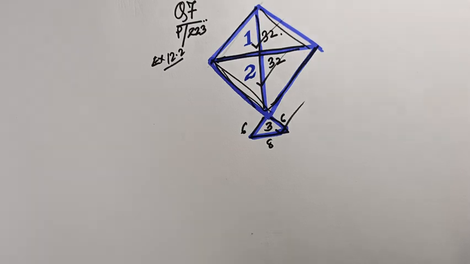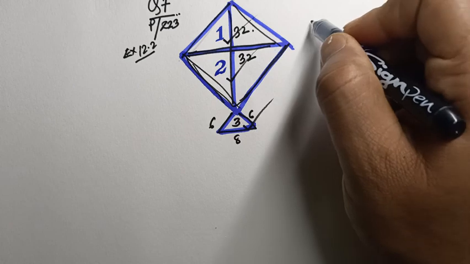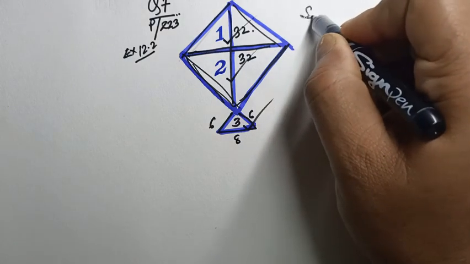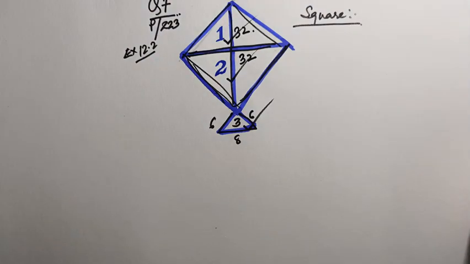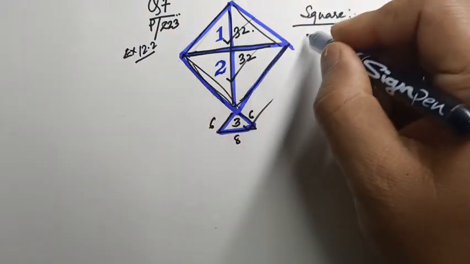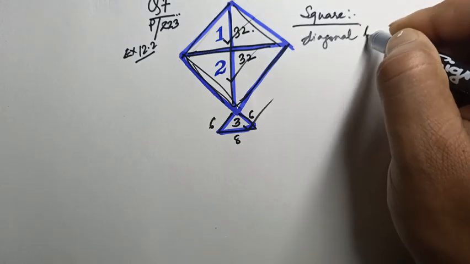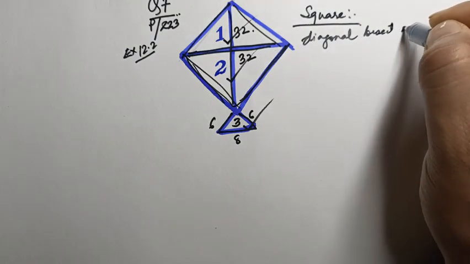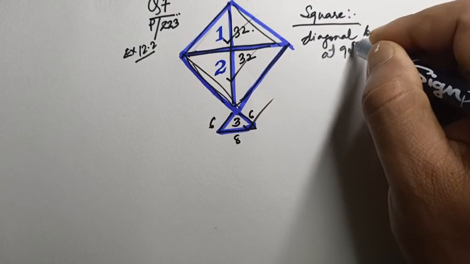Okay, we'll try to solve this problem. The first thing is, you know that the kite is in the form of a square. When it comes to the square, you need to understand that the diagonals bisect each other at 90 degrees.